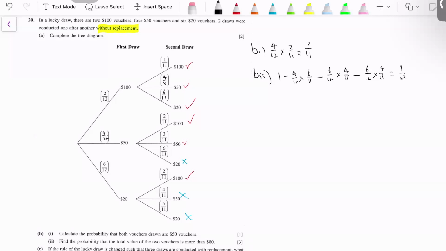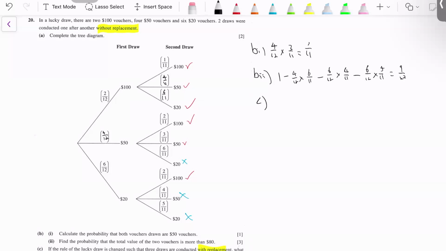So lastly, part C is this. If the rule of the lucky draw is changed such that 3 draws are conducted with replacement, what's the probability of drawing a $300 voucher? Right now it is with replacement, which means after every draw, the probability stays the same. So we just need to find the probability that all three draws are $100.